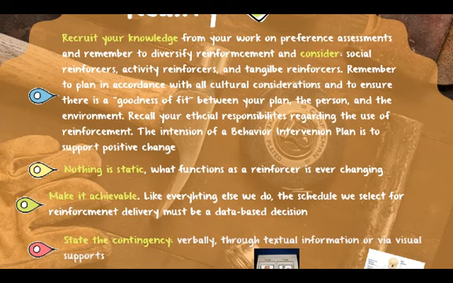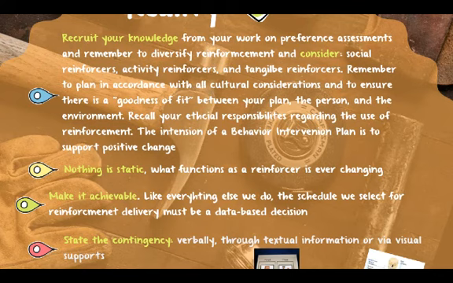Every plan is designed based on the good information that we have and the good understanding that we have about the person sitting in front of us. What their strengths are, what their reinforcers are, what the context is in terms of the culture and how we'll be working with the individual. Every plan is individualized and has to be designed with a great level of care and consideration. So I want you to recall that as well.